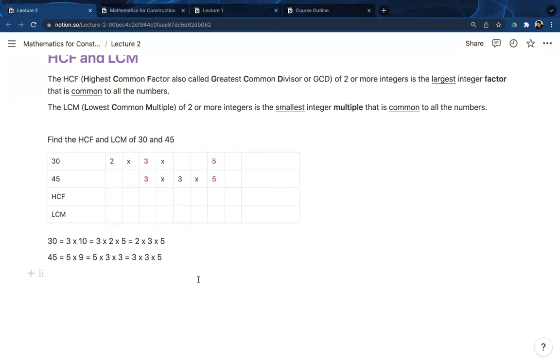And then for the HCF, we write the numbers that are common. So the HCF will be 3 multiplied by the common number 5, right? Equals 15.